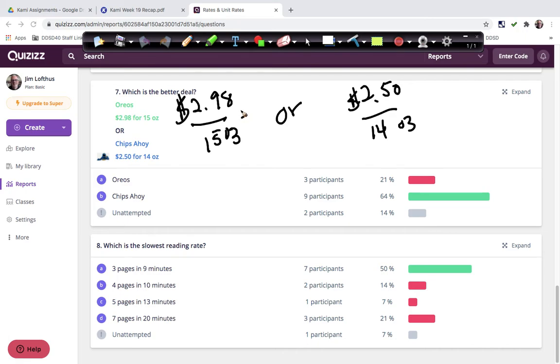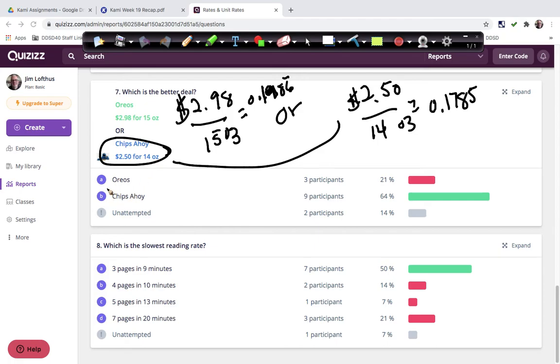We're going to say that equals 19.86 repeating. So almost 20 cents, and then this one is going to be 250 divided by 14, and that's almost 18 cents. So that's how we got Chips Ahoy, because this was a better deal.